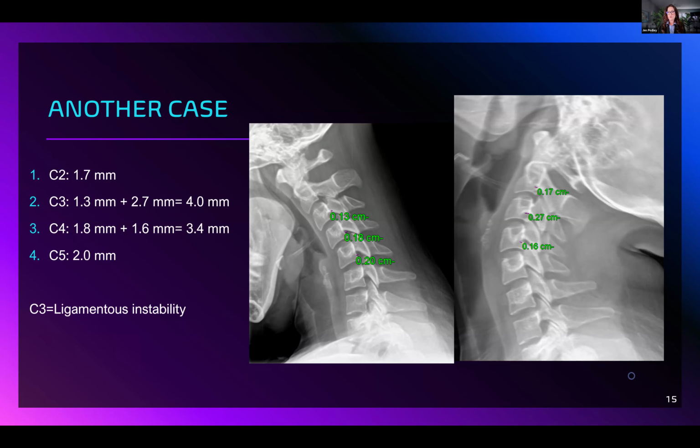I still measure, but it can be age-related laxity. But if I see a lot of motion going on here, then I'm going to state, okay, this is most likely instability, clinically correlate for symptoms of this region. And if I can see anything else on these x-rays that backs up ligamentous injury or instability, I will do so. But young patients are challenging.